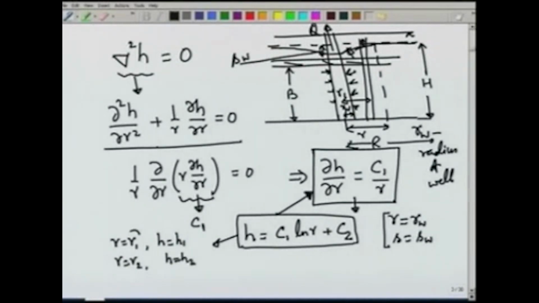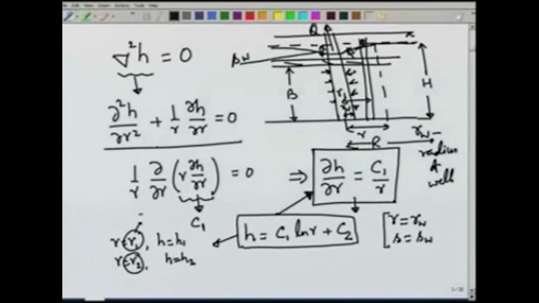Now, these R 1 and R 2 may be any two radius. For example, R 1 may be R w and R 2 may be R, capital R. So, if we take this as R w, then this would be S w, and if we take this as capital R, then this would be H, because at the radius of influence the head remains constant at the initial value.